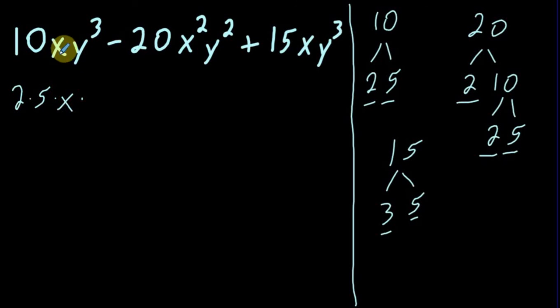We've got an x, and then it looks like 3 y's. And then we got a minus sign after that. And then 20, 2, 2, 5. And after the 20 was x squared, y squared, so 2 x's, 2 y's.